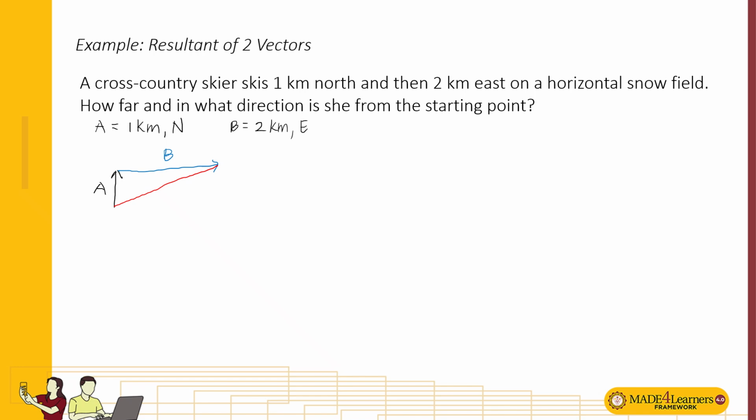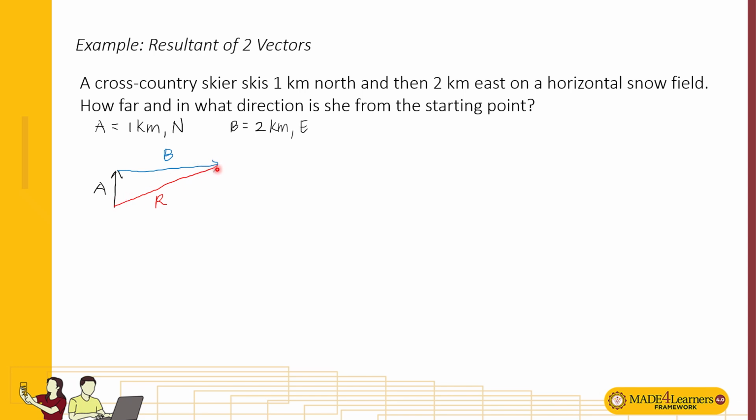Let this be our resultant R. And in what direction is she from the starting point? Take note, we do not simply get the direction of this arrow if we follow the polygon or parallelogram method. We start the tail of the resultant from the tail of the first vector, and the direction is towards there, so it's northeastern.